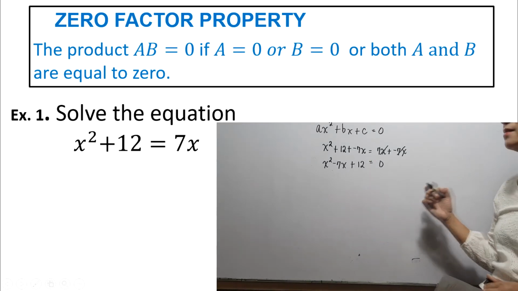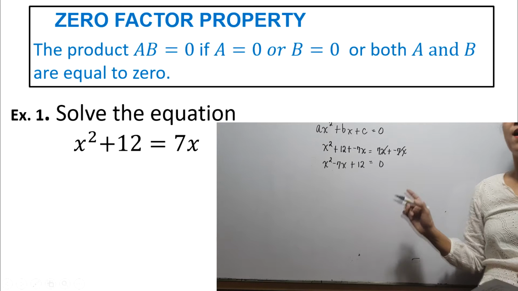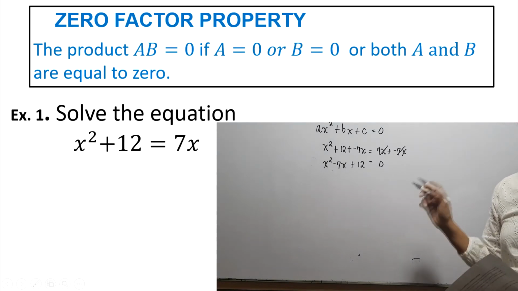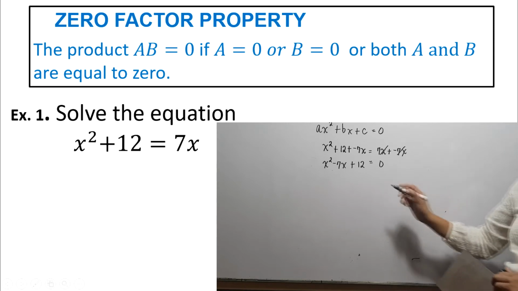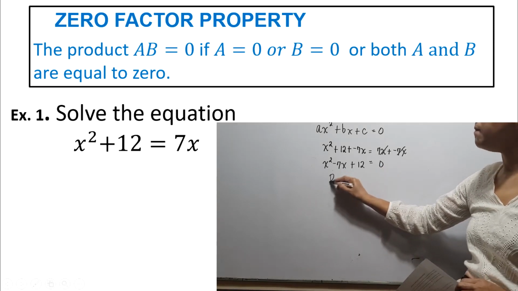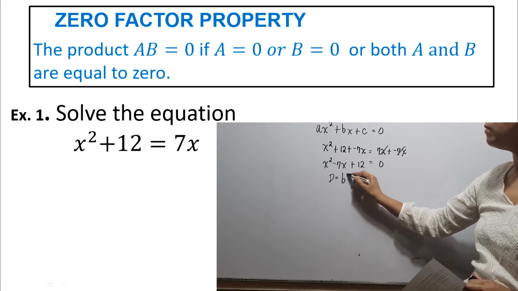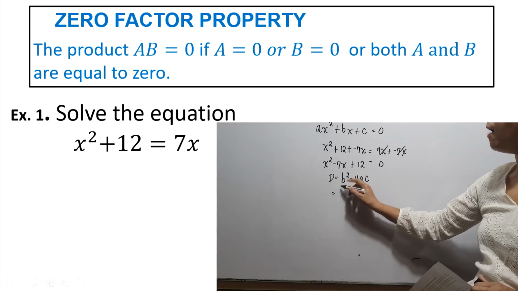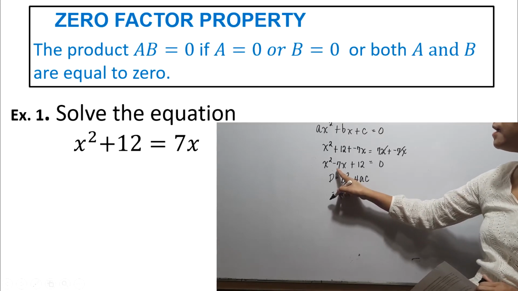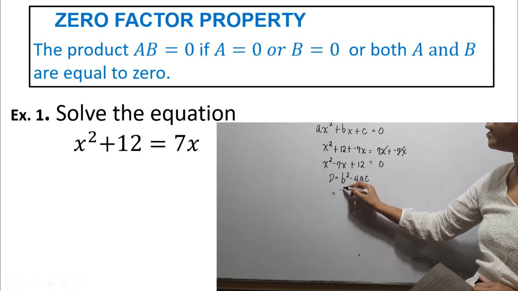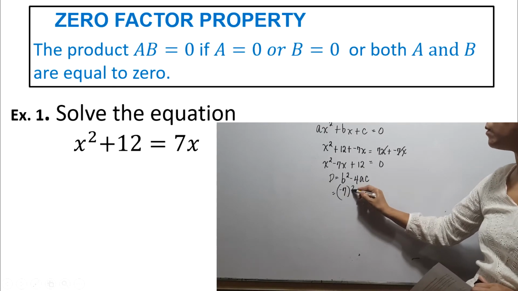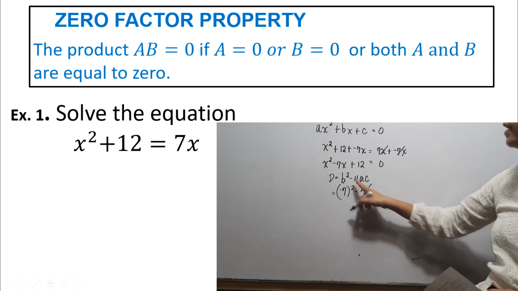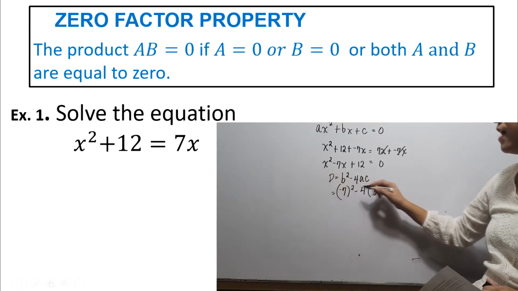Now, tignan natin kung ito bang trinomial na ito ay factorable by applying the discriminant, yung test for this factorability. So, hanapin natin ang discriminant niya. So, d is equal to b squared minus 4ac. So, we have b. What is b here? b is negative 7. So, negative 7 squared minus 4 times 1. 1 kasi 1 is the coefficient of x squared.